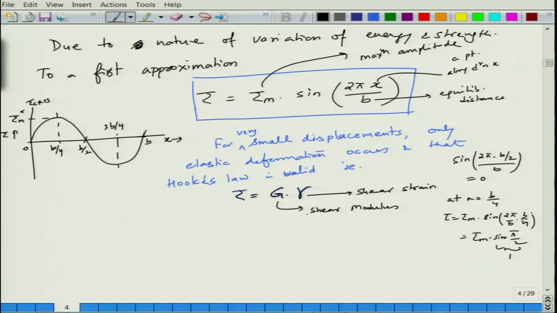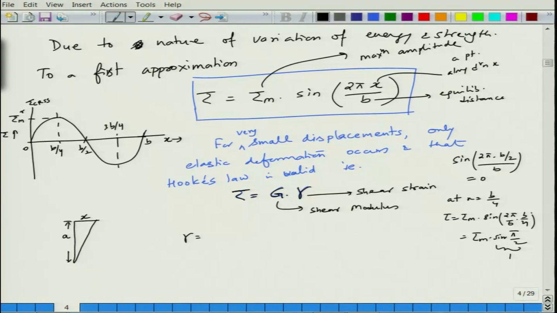Okay. So, to a first approximation the displacements are very small and we only have the elastic regime, that is Hooke's law is valid. So, we can write tau is equal to G into gamma, and the shear strain gamma can be written as follows. Let us say the movement is x and this is a.